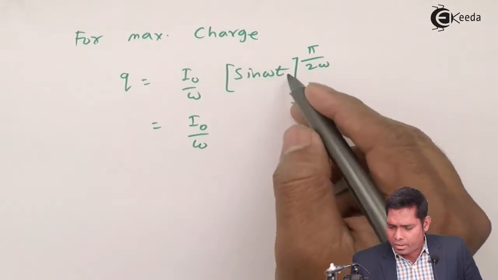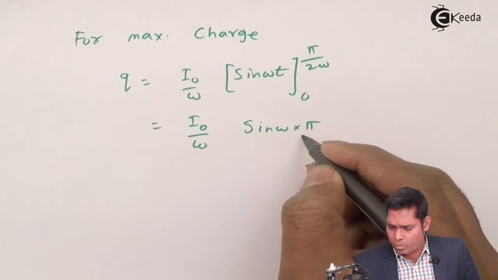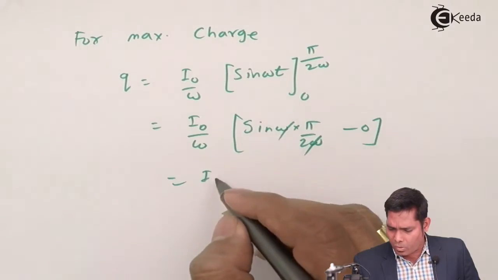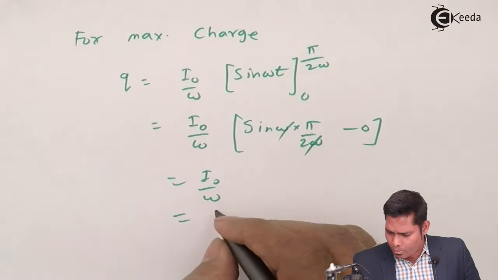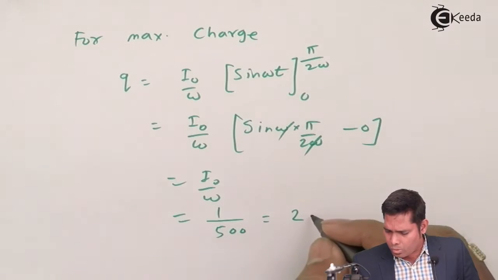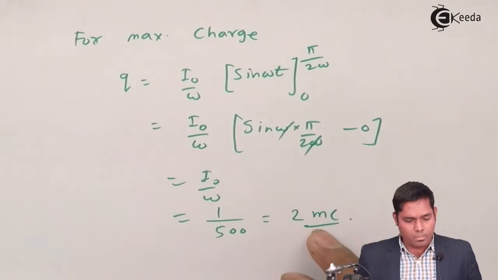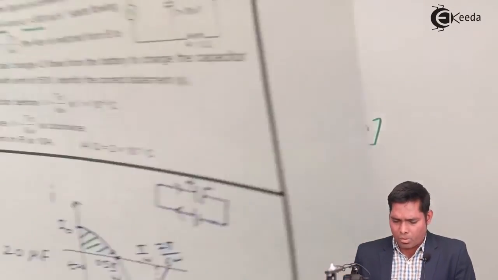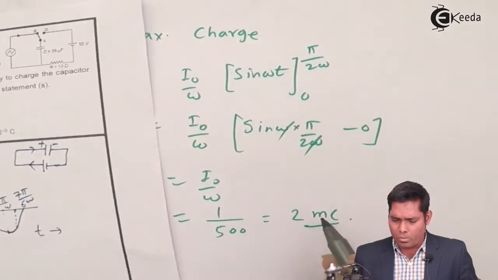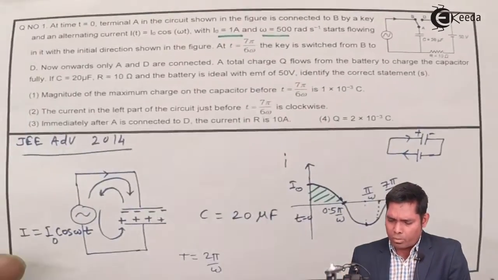The sine of pi over 2 is 1, and at 0 it is 0, so it is I naught over omega, which is 1 ampere divided by 500, that is 2 millicoulomb, and it is positive. So the maximum charge is 2 millicoulomb, not 1 millicoulomb. It is actually 2 times 10 raised to minus 3 coulomb. Therefore, this option is not right.